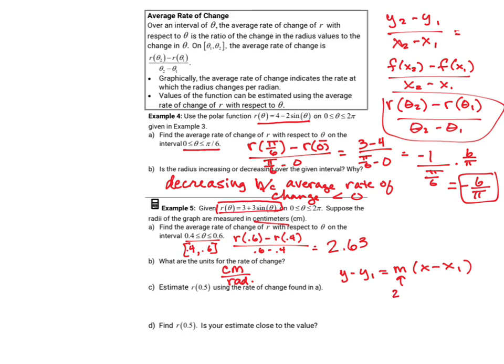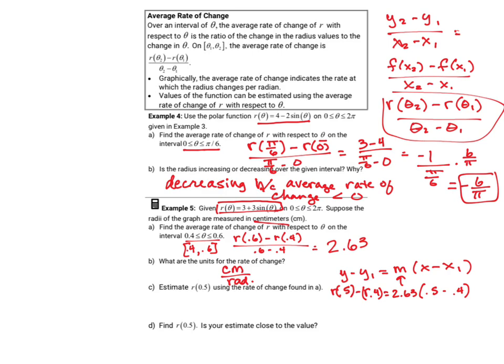So you do R of 0.5. I know that I have R of 0.4 here. So R of 0.5 minus R of 0.4 is equal to 2.63 times 0.5 minus 0.4. Are y'all following this? No. This is point slope form.